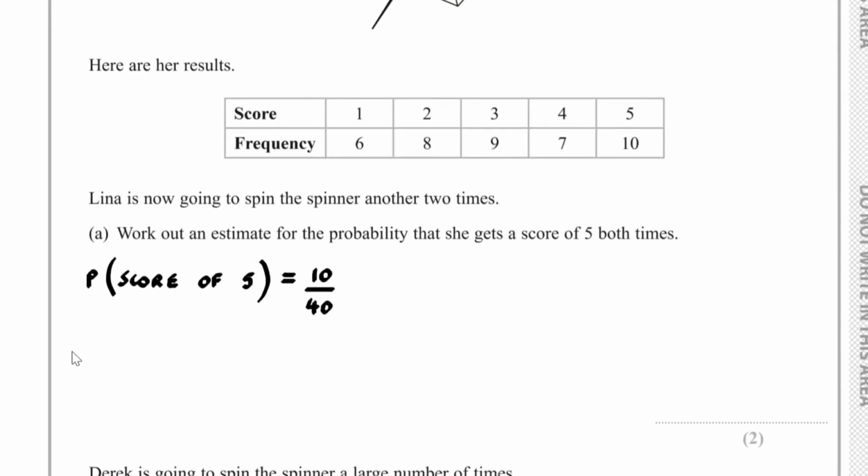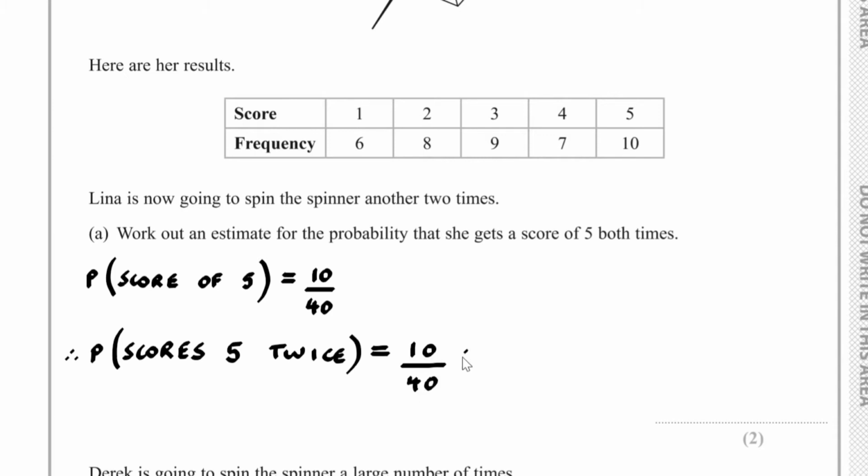And therefore, the probability she scores a 5 twice, well, we've got 10 out of 40 multiplied by 10 out of 40. So what we end up with over here is 1 over 16. So we have 1/16.